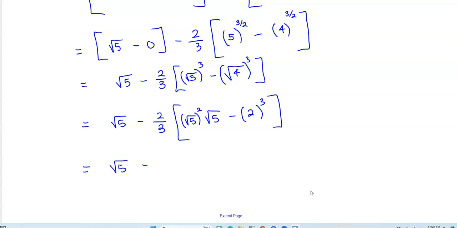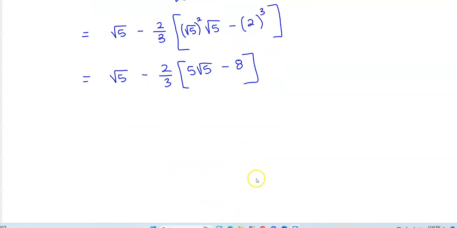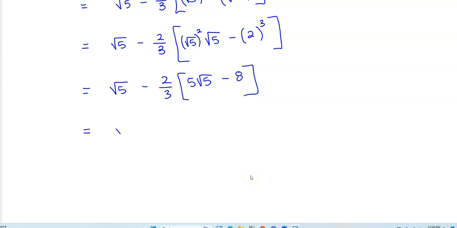So we have the square root of 5 minus 2/3 times 5 times the square root of 5 minus 8. And now let's go ahead and distribute the negative 2/3. So we have the square root of 5 minus 2 times 5, which is 10/3, times the square root of 5, plus, minus times the negative is positive, 2 times 8 is 16/3.